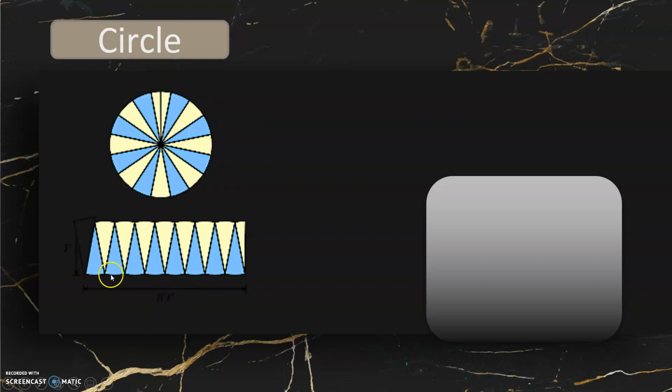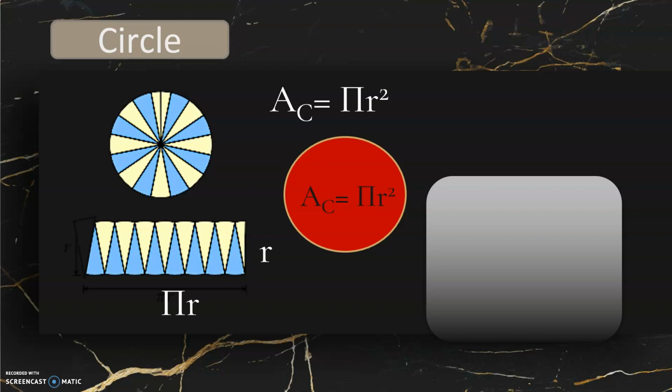This pi r, including this other pi r, will give us 2 pi r, which is the circumference of the circle. But we do not need the measurement of the other side. What we only need is this width and this length, which are now labeled as radius and pi r. By multiplying these two, we'll be able to get the area of the circle. Therefore, the area of a circle is equal to pi r squared.